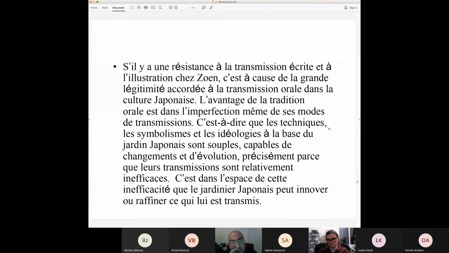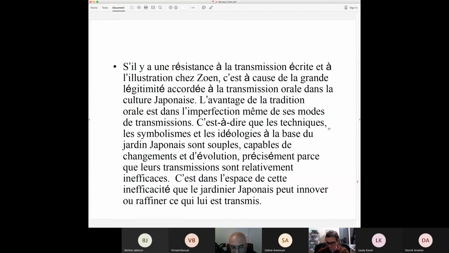There is another advantage to orality, in that orality has a level of acceptable imperfection. What this means, this acceptable imperfection, is in the passage from the master to the student.